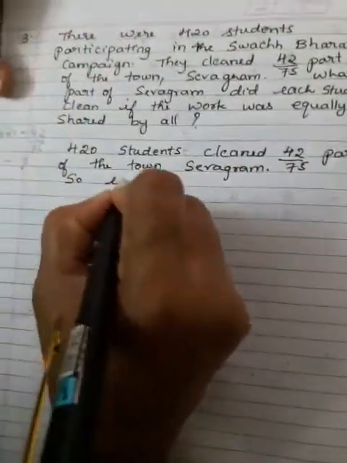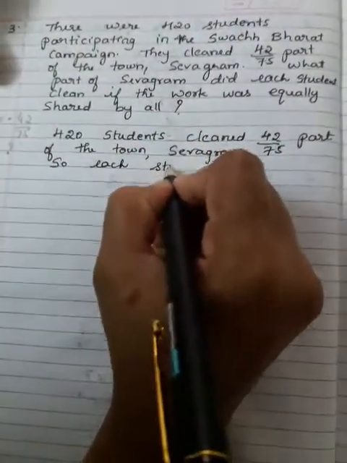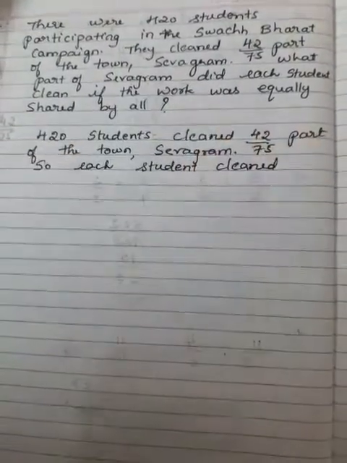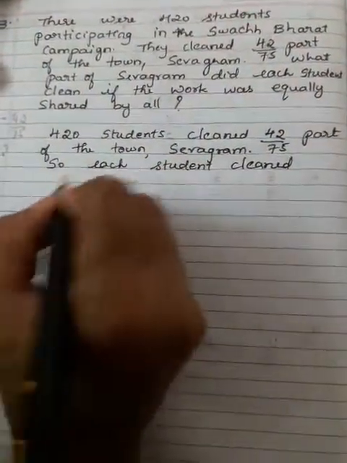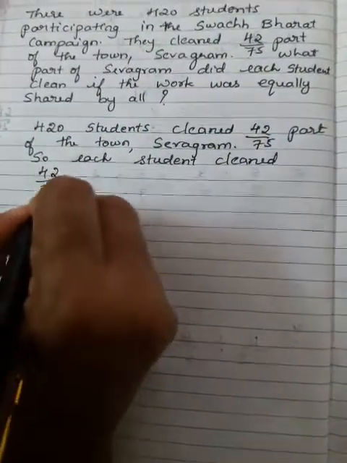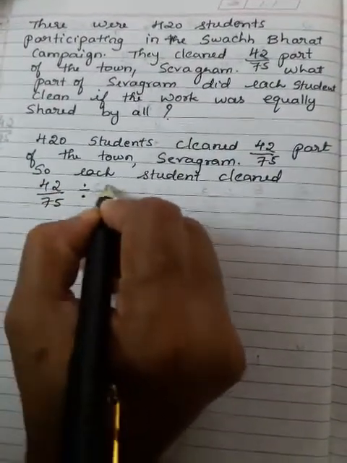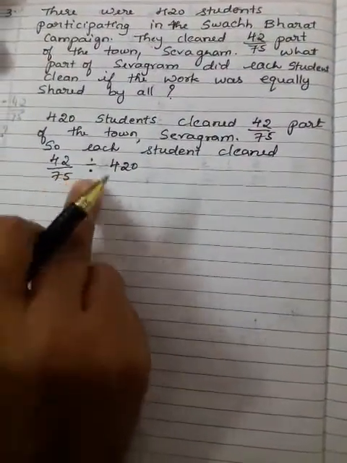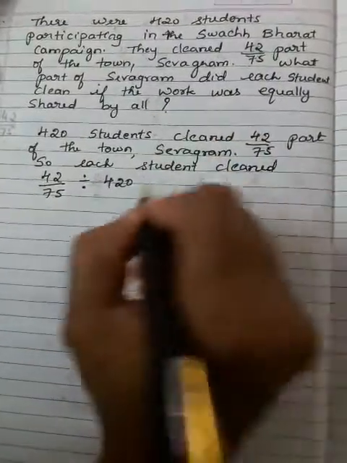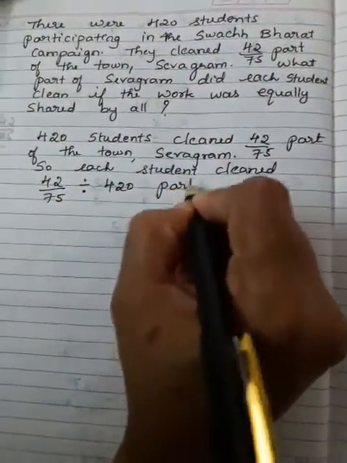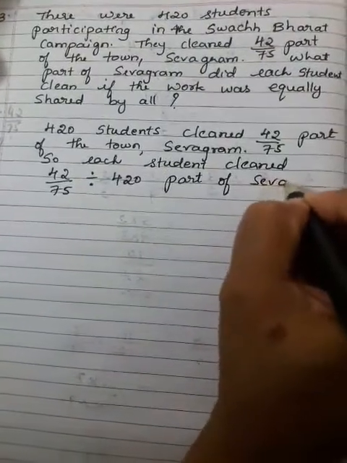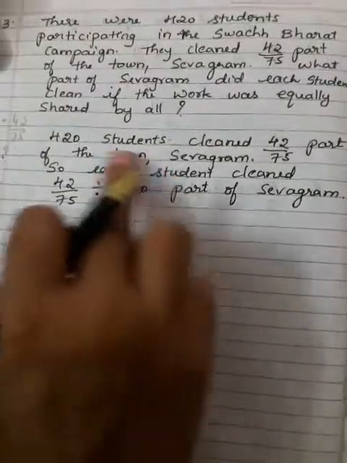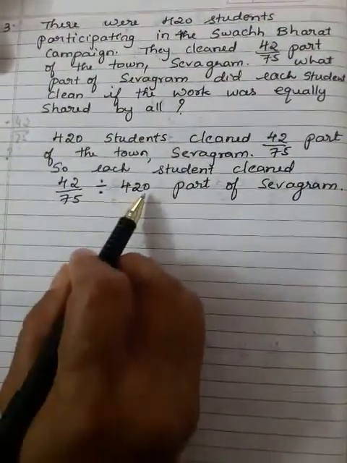So each student cleaned how much part? We should divide 42 upon 75 by 420, the number of students. So total part cleaned by the students divided by number of students. Now we should find out the value of 42 upon 75 divided by 420.